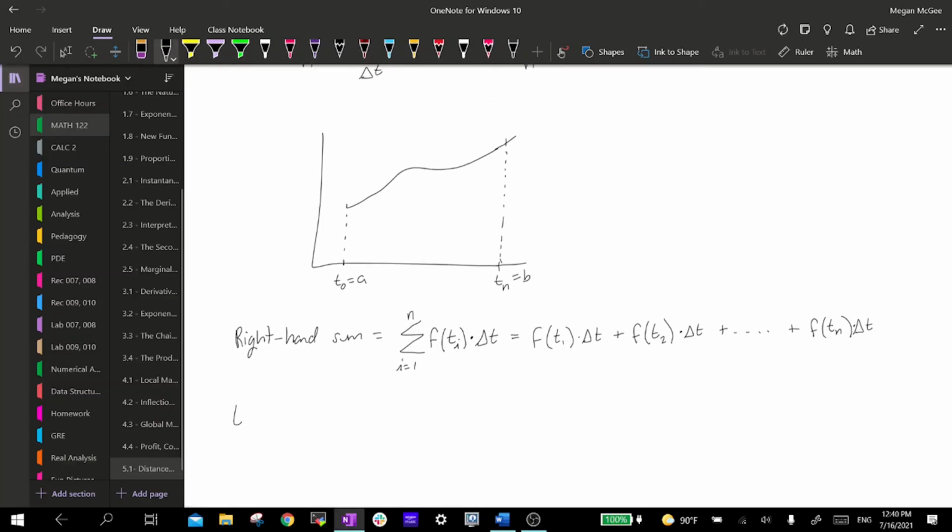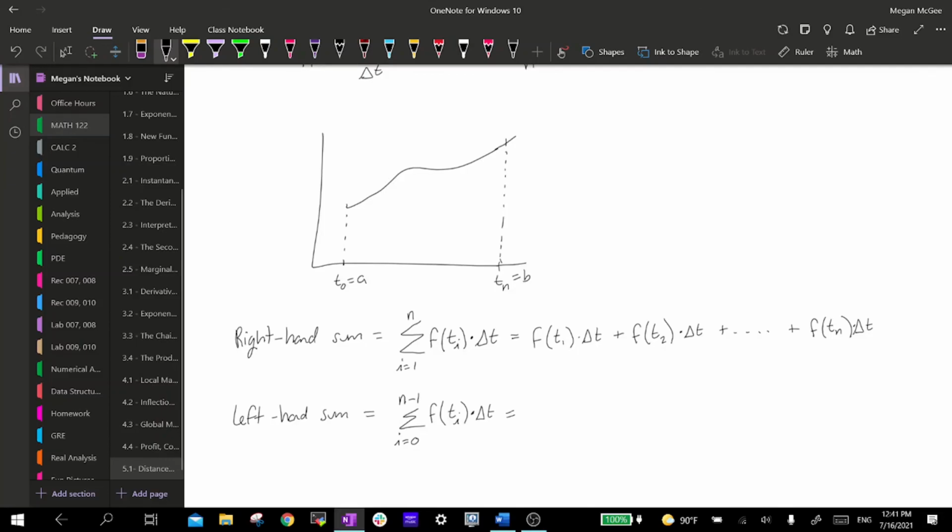Alright, then we have the left-hand sum, which is very similar. The only difference is now we're starting at i equals 0, and we're going up to n minus 1. Everything else is the same, so it's still the function value at t sub i times the length of the interval.